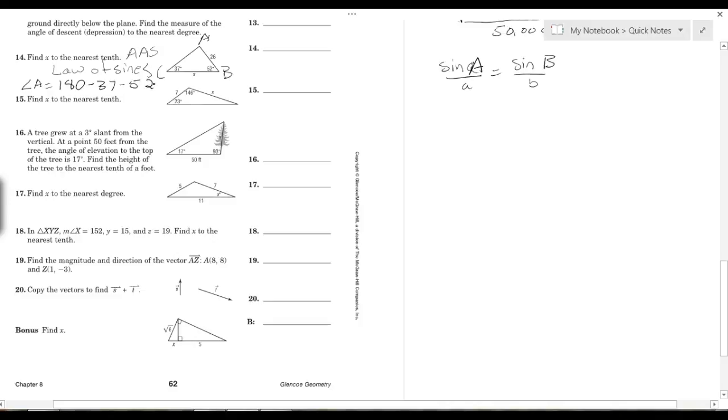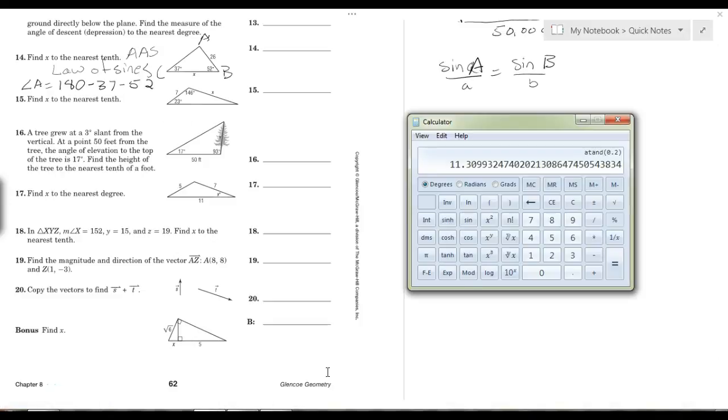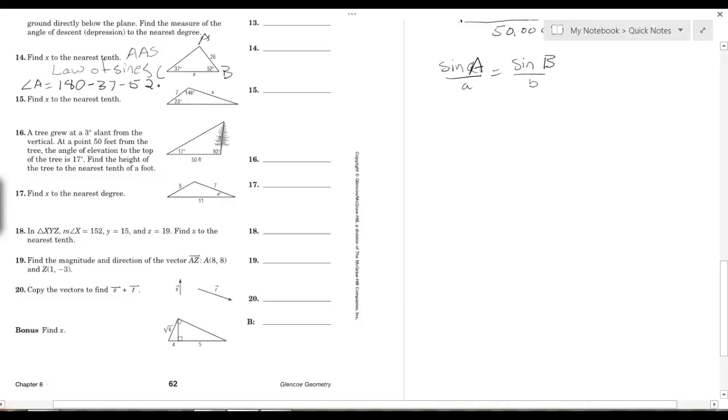So we'll go ahead and use our calculator. 180 minus 37 minus 52 equals 91. So angle A equals 91. So I'm just going to go ahead and write that 91 in here.